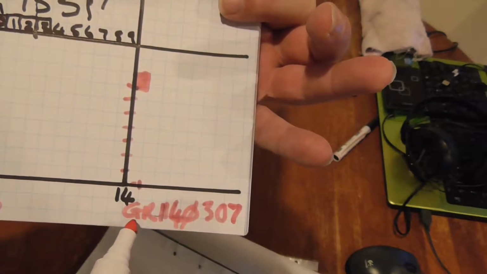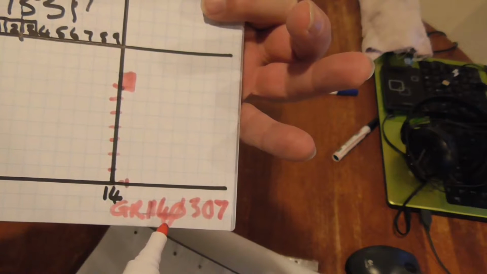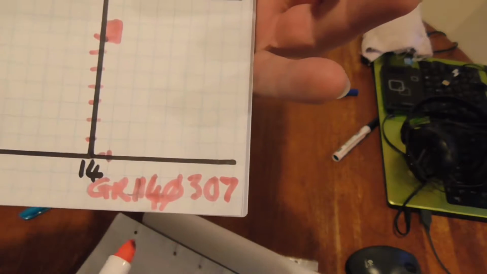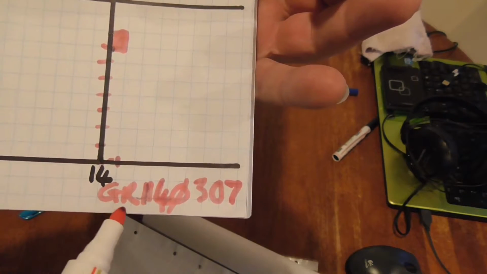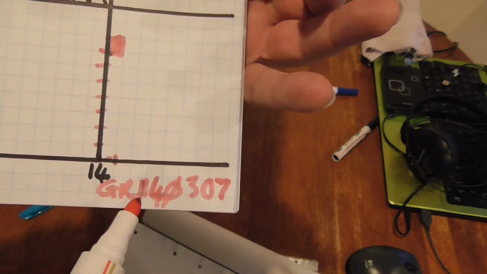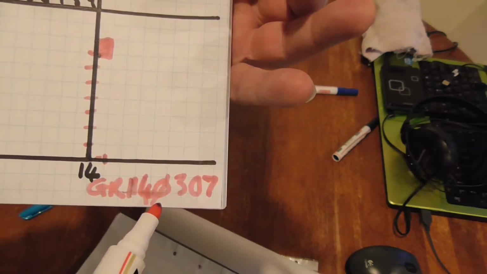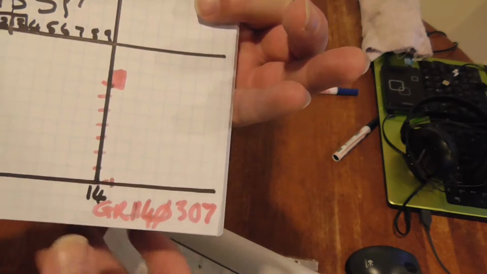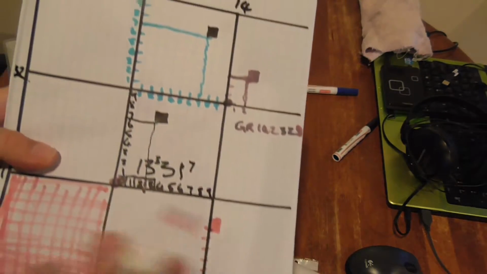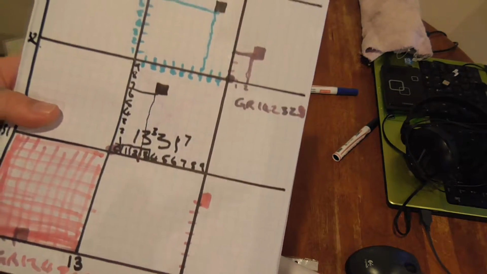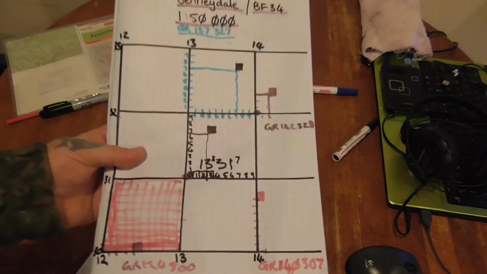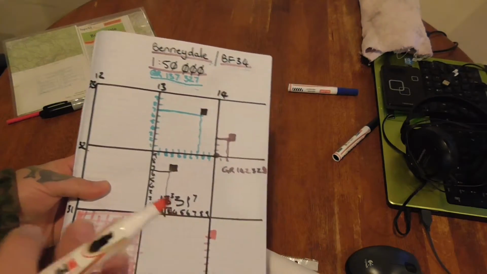So grid reference 1, 4, 0, 3, 0, 7. Again, grid reference 1, 4, 0, 3, 0, 7. Okay, so it's very easy for them to then be able to find us. So hopefully you'll understand that as a 6-figure grid reference.